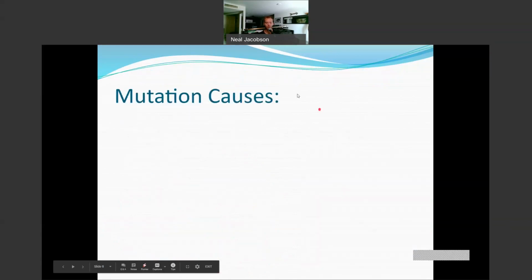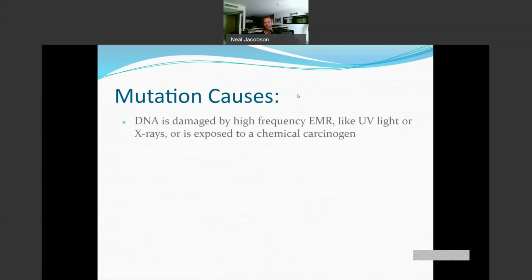All right. So what causes mutation? This is a question that can be answered with many answers. What we see in the movies is pretty accurate, although the effects are not. Mutation can be caused by high frequency electromagnetic radiation, like UV light.